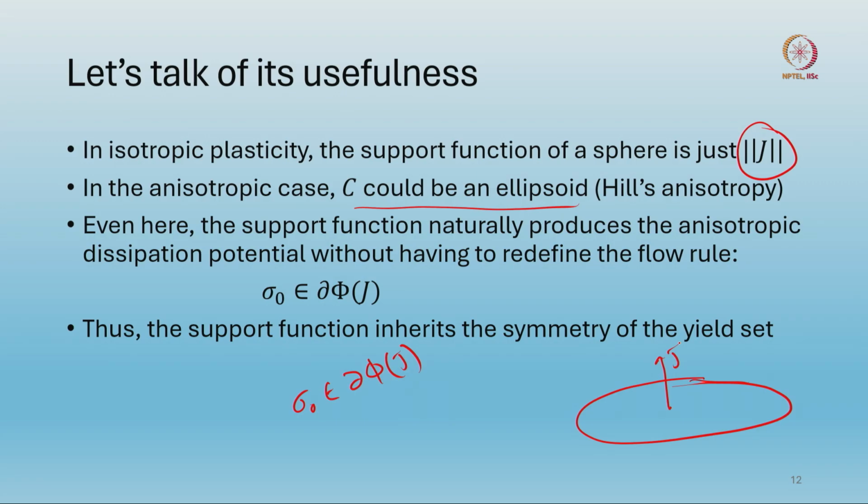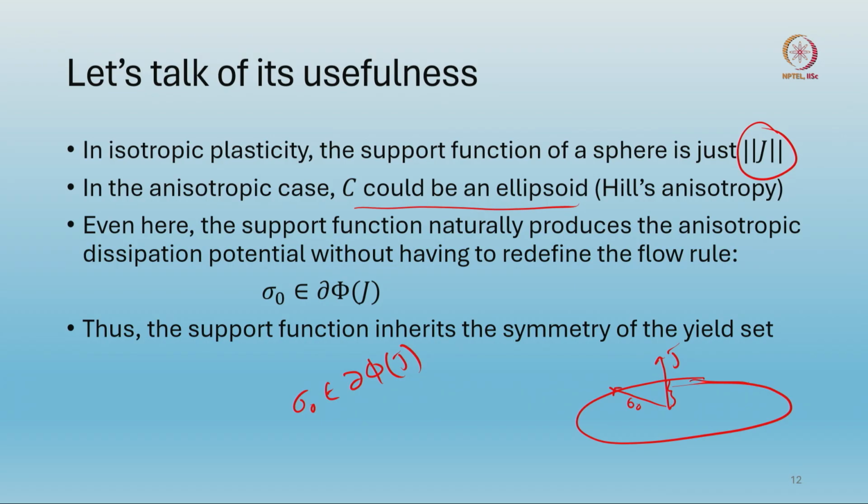Now if I take sigma 0 to be collinear, then that may not be the maximum plastic power, maybe somewhere here, because this is a much bigger sigma 0. So even though there is a cos theta intervening, because you are taking an inner product, and cos theta is less than 1, despite that, because this sigma 0 is much bigger than this sigma 0, the total plastic power for this sigma 0 can be much higher. So this is a typical case of importance for us.